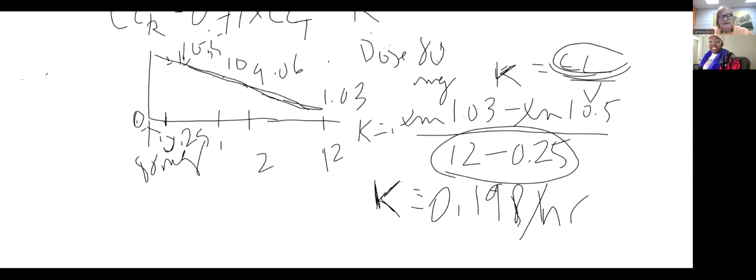What we're doing with these calculations is figuring out the whole body's ability to clear the drug.